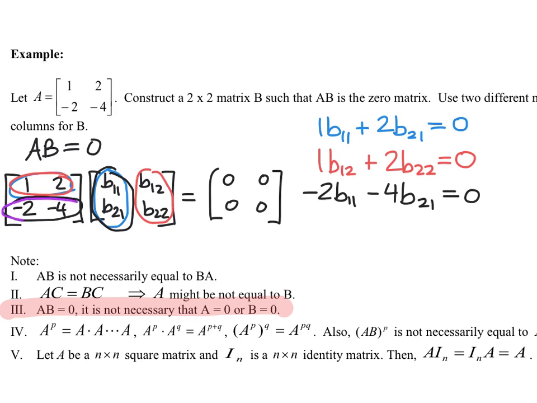And then the last possibility would be negative 2 B sub 1,2 minus 4 B sub 2,2 equals 0.